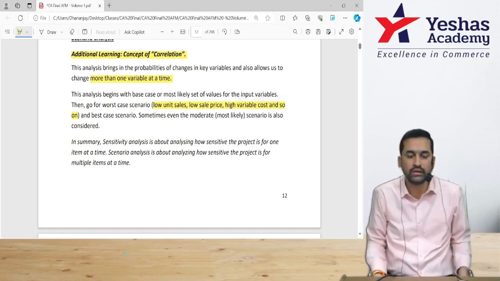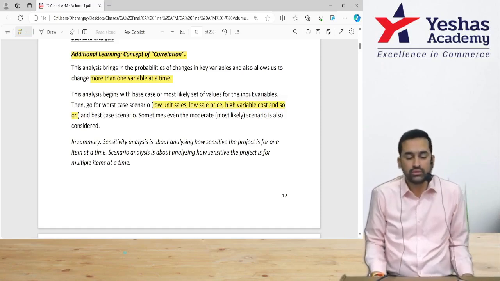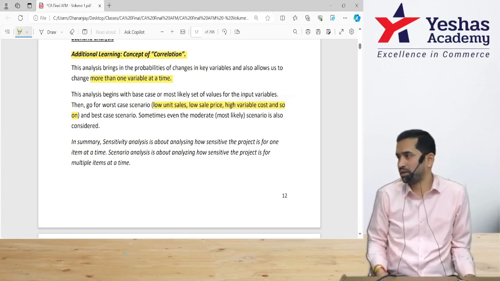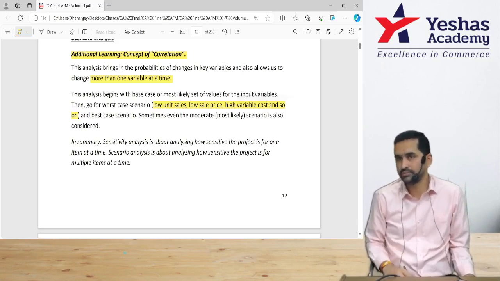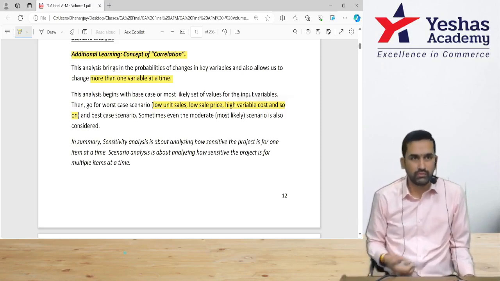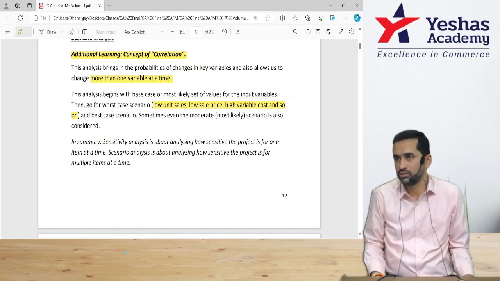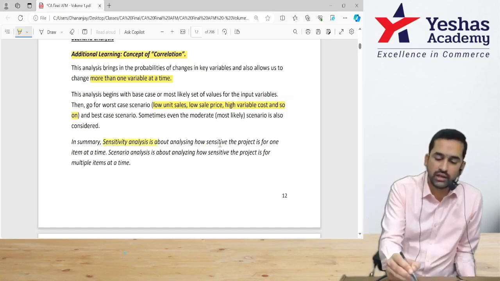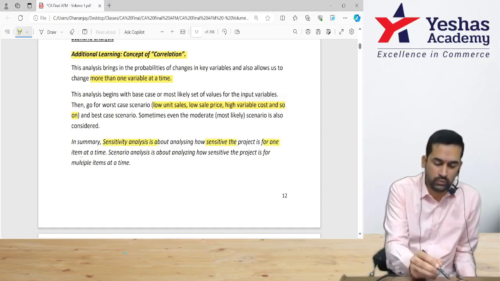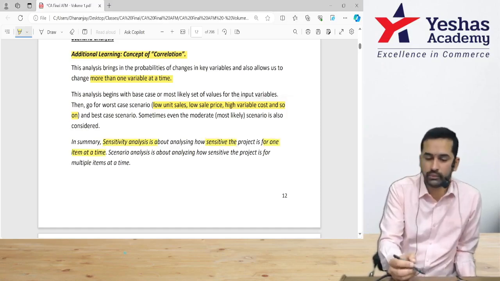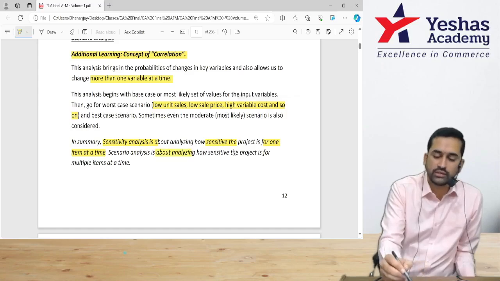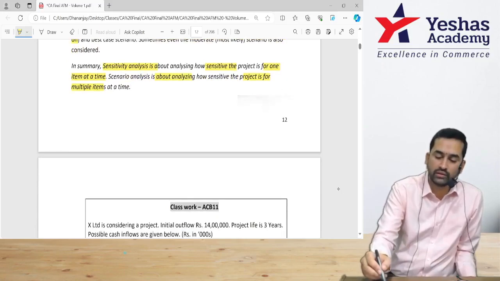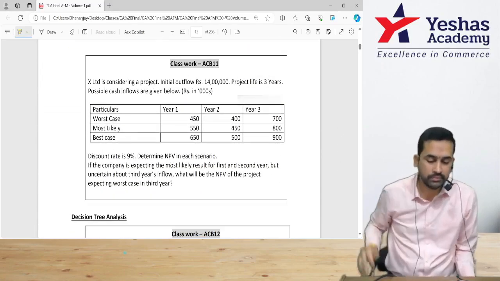Everything that can go wrong. And best case scenario. Sometimes even the moderate scenario is considered. In moderate, you have a mix: cost is going up, price is also going up. One benefit, one cost to you. In summary, sensitivity is about analyzing how sensitive the project is to, underline, one item at a time. Scenario analysis is about analyzing how sensitive the project is to more than one at a time.